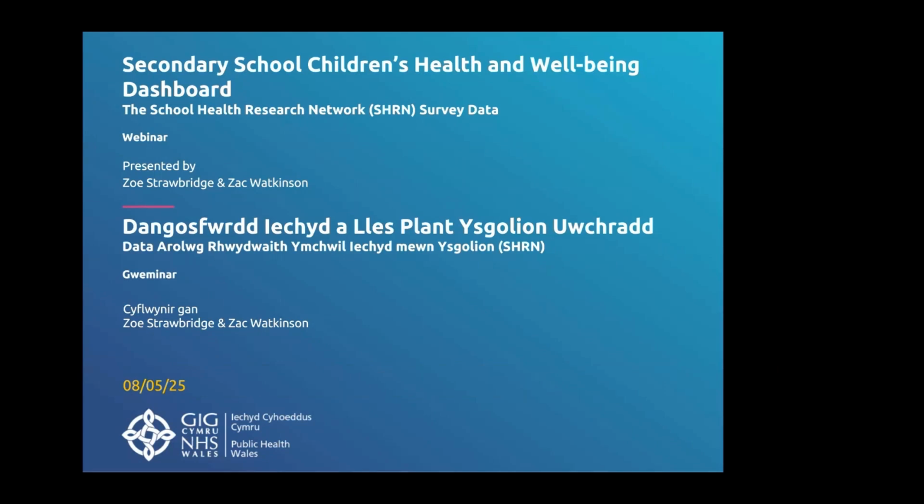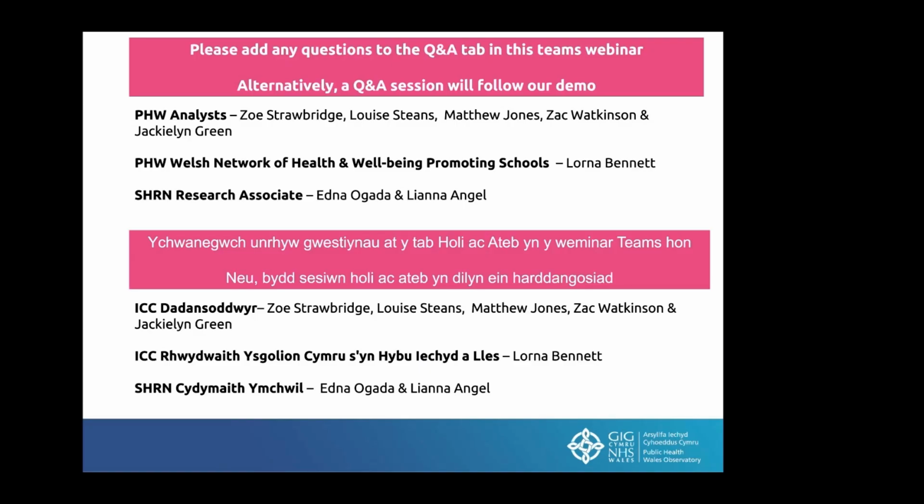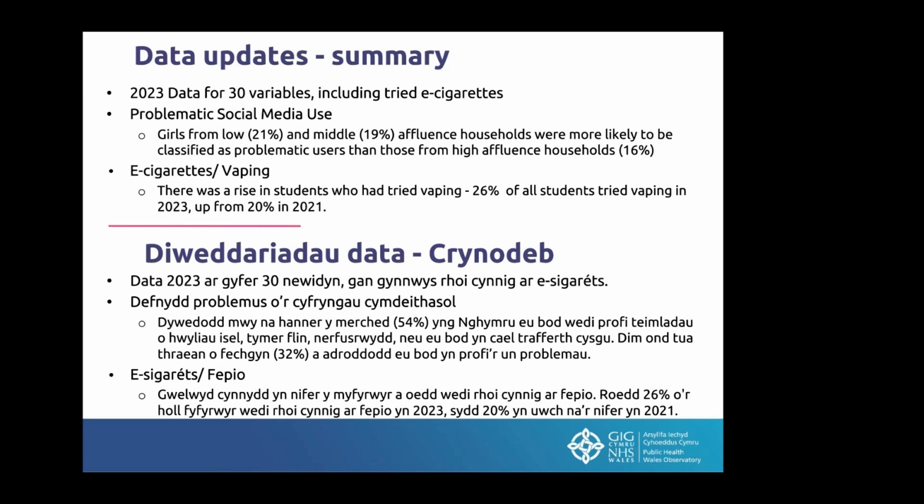So moving on to data updates then. So this publication, we've added 30 new variables for the most recent survey, which is the 2023 survey. And just really briefly overviewing what we've added in. I'm not going to list off 30, but we've added in the mental health and wellbeing topic things around problematic social media use and loneliness in the summer holidays.